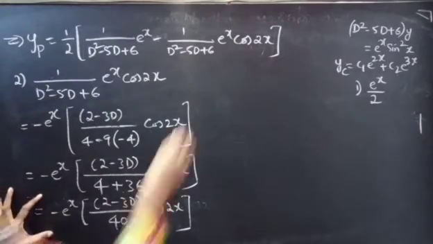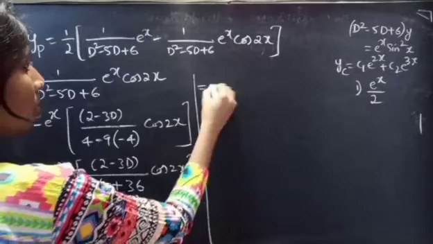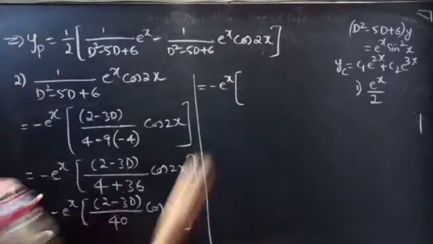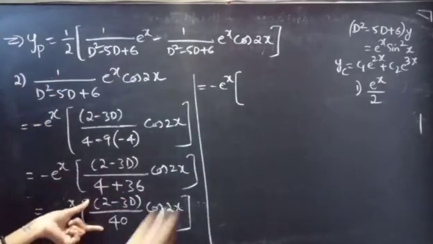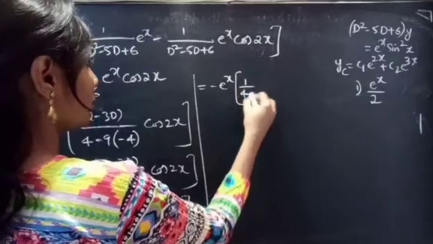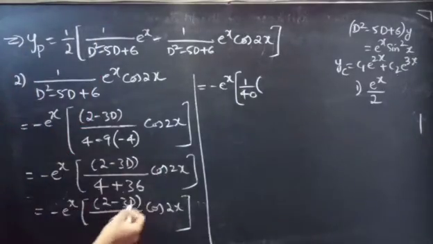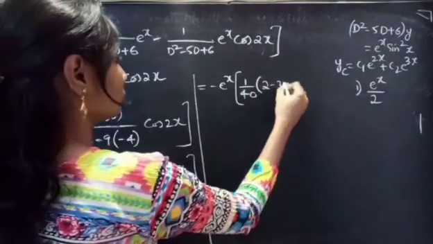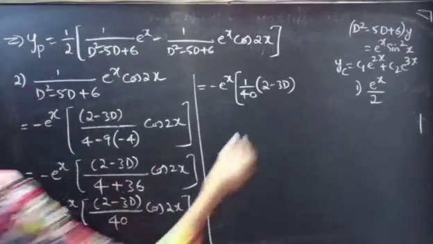This becomes minus e power x into, now split this fraction as 1 by 40 into 2 minus 3d into cos 2x.